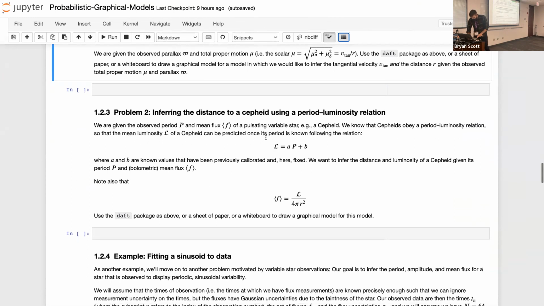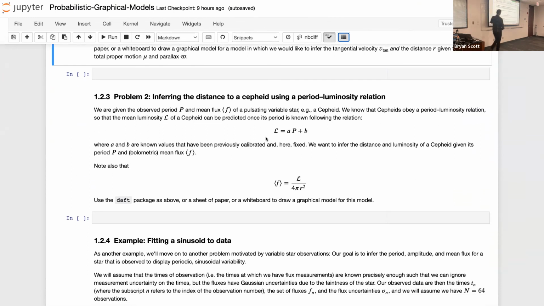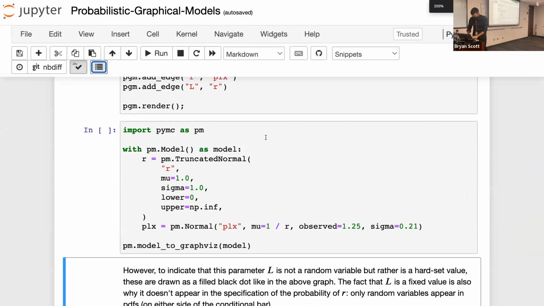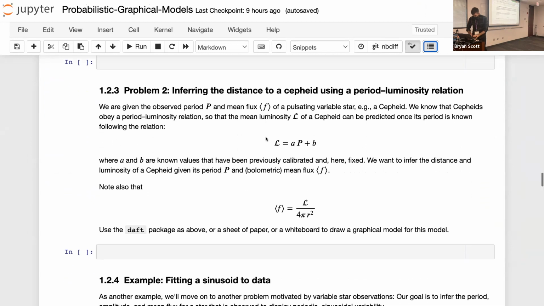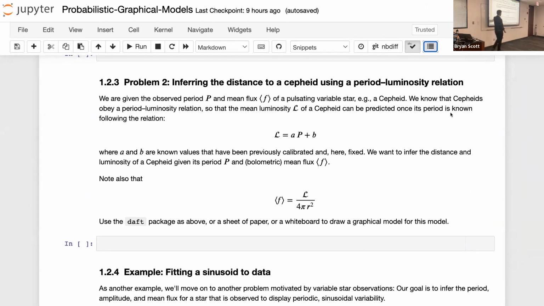So here, the idea is the luminosity. The luminosity, which is unobserved, is related to the period, which is observed, through this linear relationship. So there's 3 unobserved things in here and 1 observed thing.